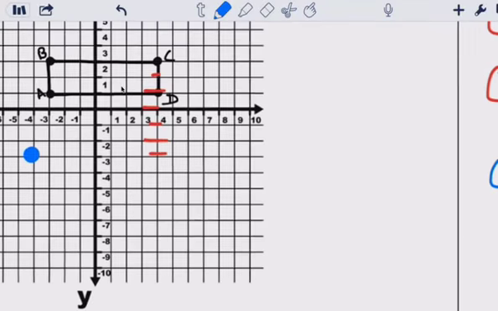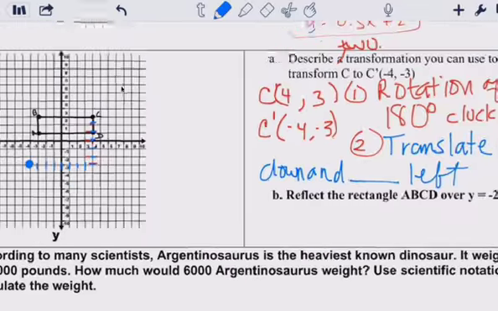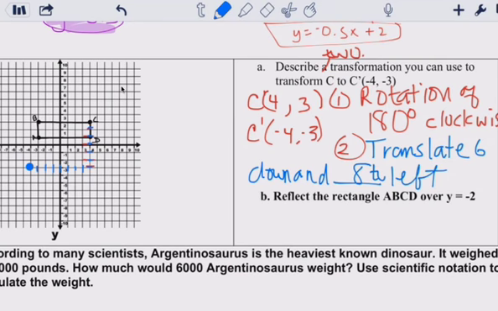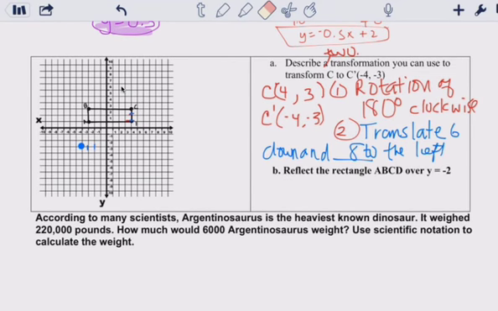So let's see. 1, 2, 3, 4, 5, 6 down, 1, 2, 3, 4, 5, 6, 7, 8 to the left. Alright, so that's our answer. Okay. That's how we describe 2.